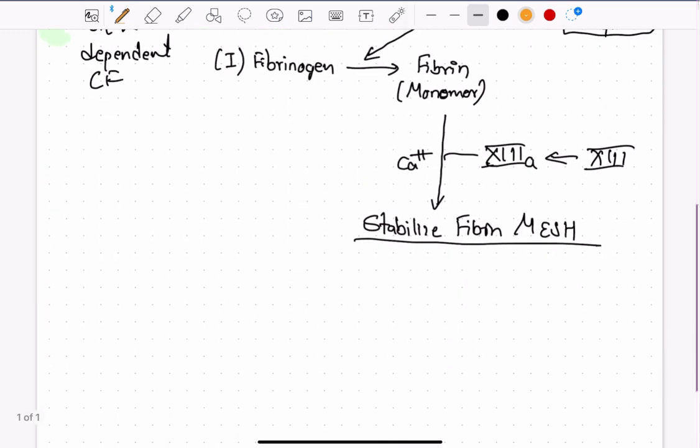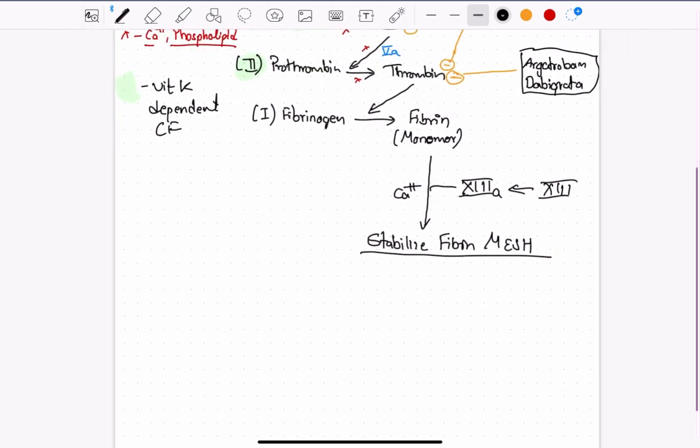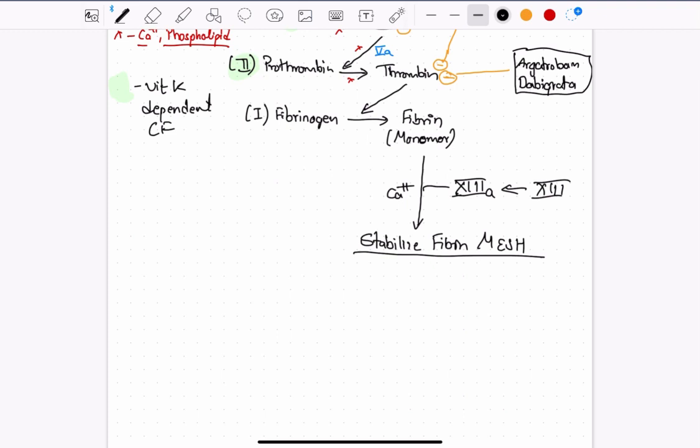And coming down here, at the end we have formed a stabilized fibrin mesh. After the healing is done, this fibrin mesh is degraded into fibrin degradation products by a protein called plasmin. So plasmin is the factor that will destroy this fibrin mesh.